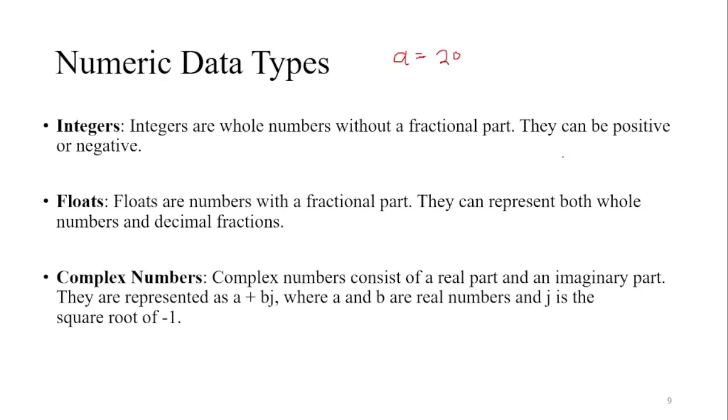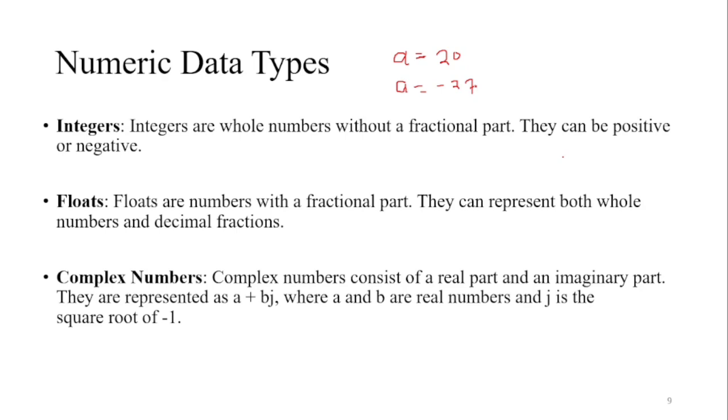Another thing we need to note is that integers can be either positive or negative. I can have my a as 20, or I can have my a as negative 27.